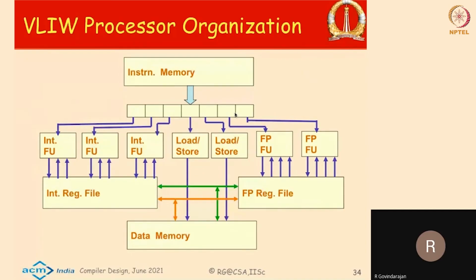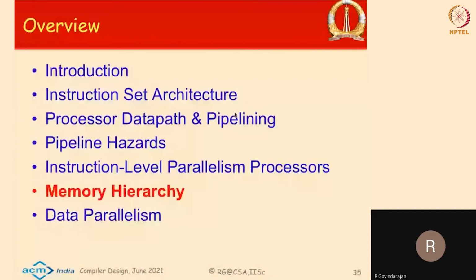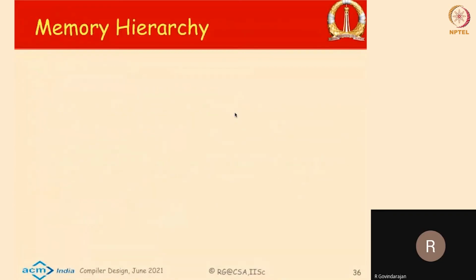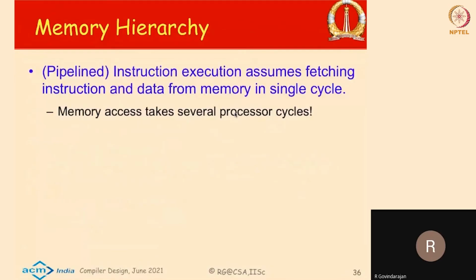Now let me spend the next 10 minutes talking about memory hierarchy, which is also very important for our understanding. All of you know about memory hierarchy. The memory hierarchy consists of the main memory, the multiple levels of caches, registers, and so on.